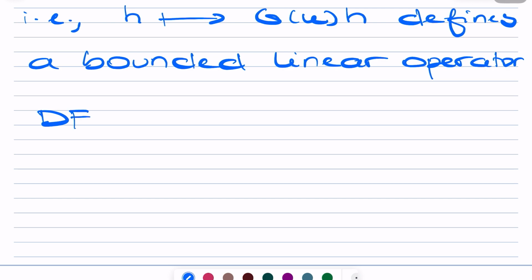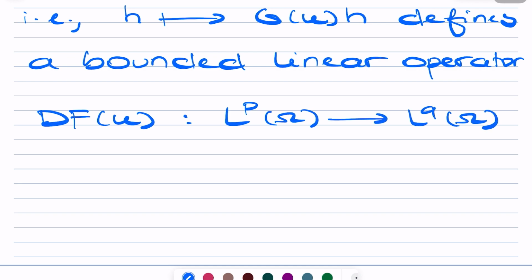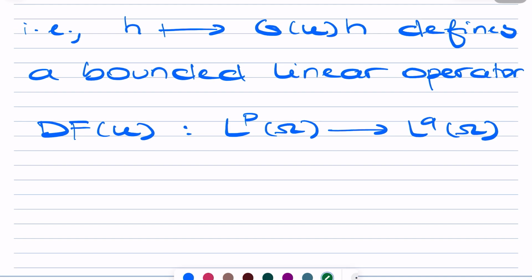This will be our Fréchet derivative of our superposition operator F applied to u, which is defined from Lp of omega into Lq of omega, because we saw that this is in Lq. So this map actually defines a linear bounded operator, DFU, defined from Lp of omega to Lq of omega.